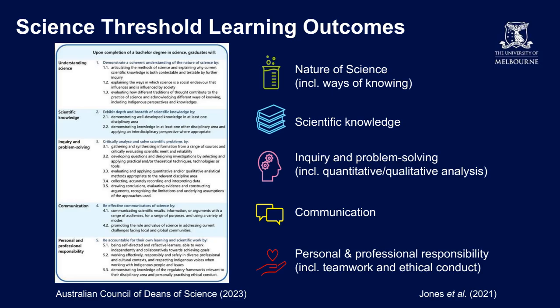So, as with all good backwards learning design in education, we need to really start with the intended learning outcomes of the education we are providing. Way back in 2011, as part of a national learning and teaching academic standards project, a set of threshold learning outcomes were developed through extensive collaboration with STEM academics and was subsequently endorsed by the Australian Council of Deans of Science.